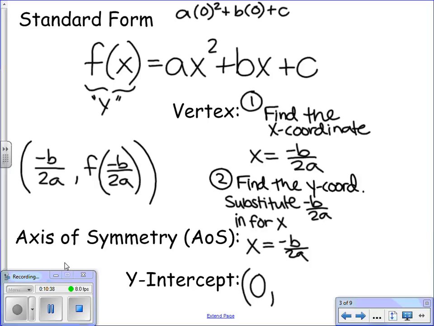So every time you plug 0 in, you always get out c. So whatever constant term is being added on the back of the quadratic function in standard form, whatever that c value is that doesn't have an x, that's automatically the y-intercept. That only works in standard form. It does not work for vertex form.